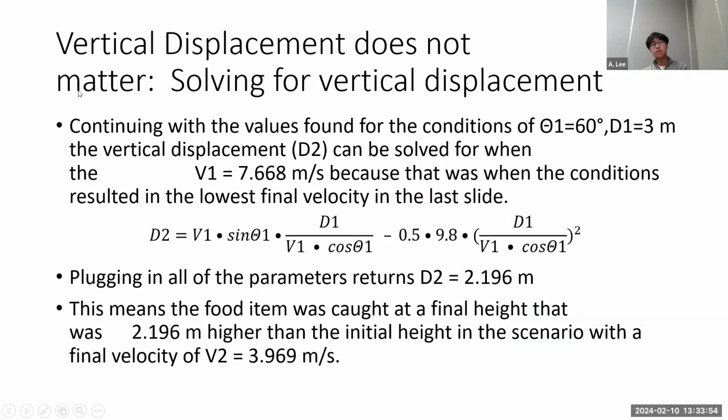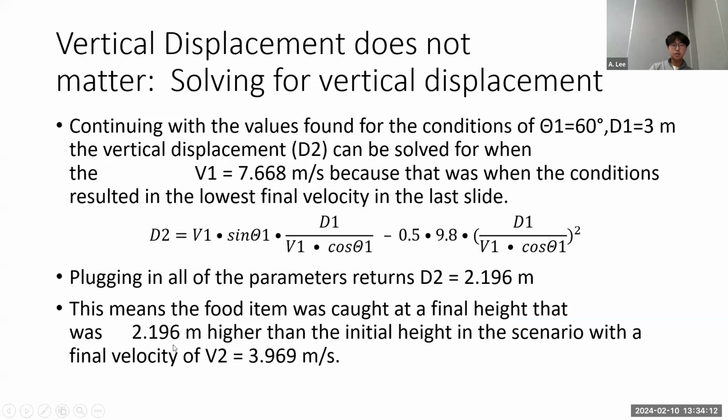In the case that we know how far apart the dog and the owner are in terms of height, we can solve for the vertical displacement in terms of the initial velocity and the initial angle.